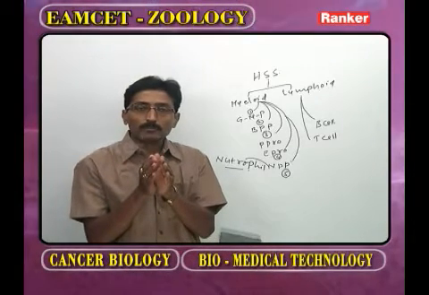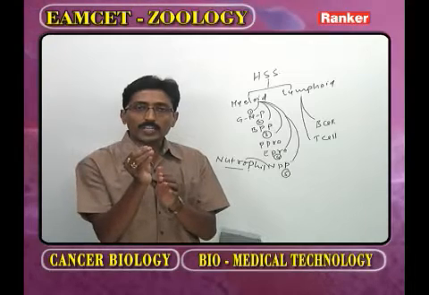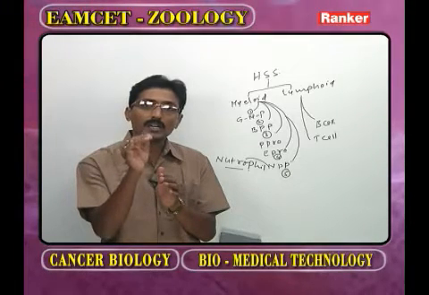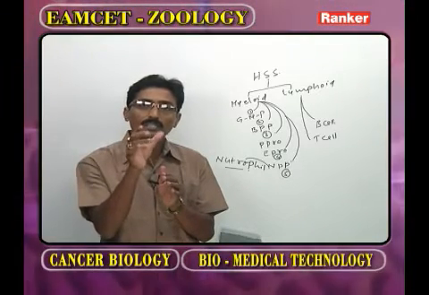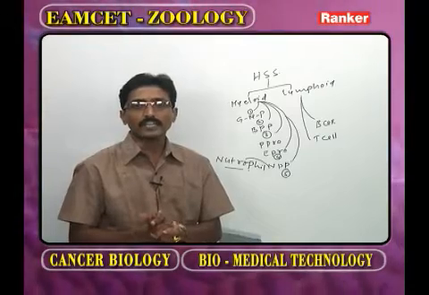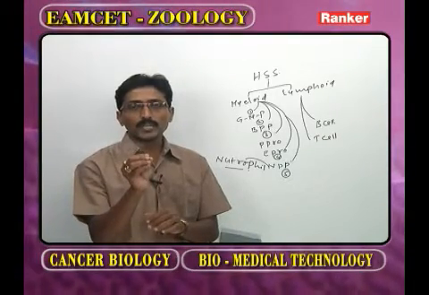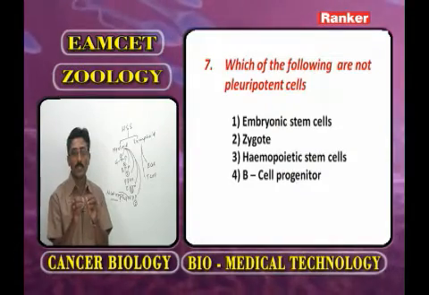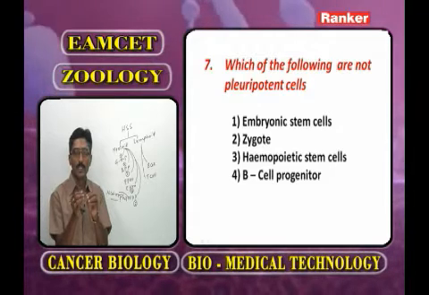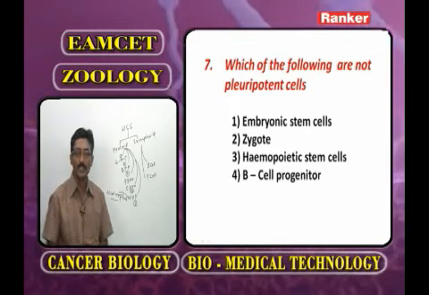What are the pluripotent cells? They give almost all types but not all kinds of cells. Again repeating, the pluripotent cells give almost all cells but not all kinds of cells.